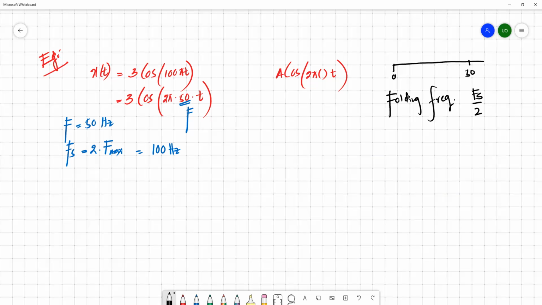Here we argued that you have to select the sampling frequency as 2 times the maximum frequency, which is 100. Now let's assume we select 80 hertz as the sampling frequency. So we select Fs as 80 hertz. Then the folding frequency becomes 40 hertz, half of this. So this is your 40.